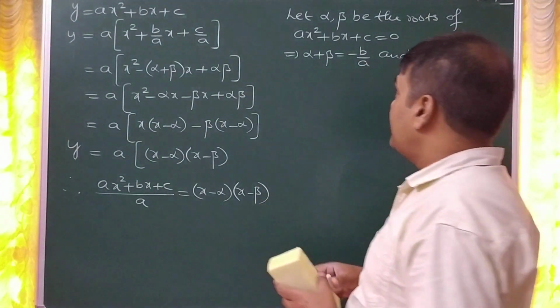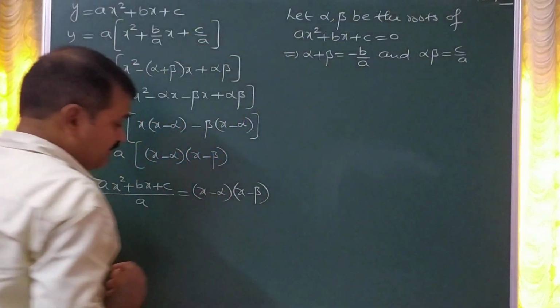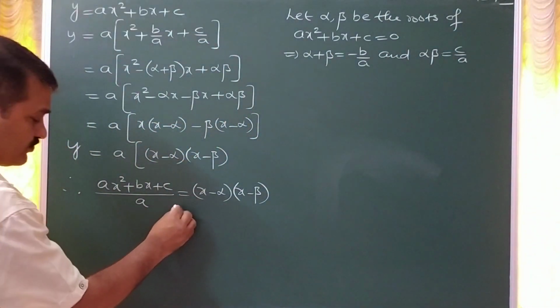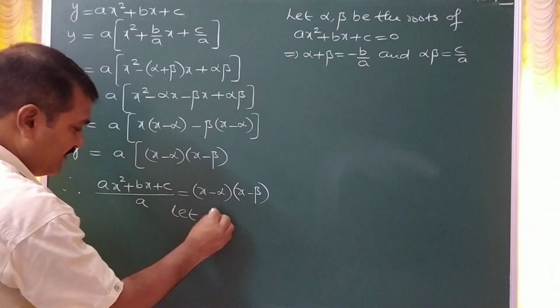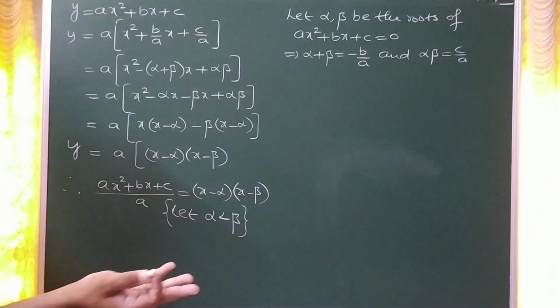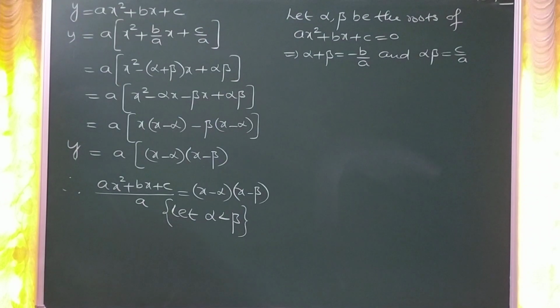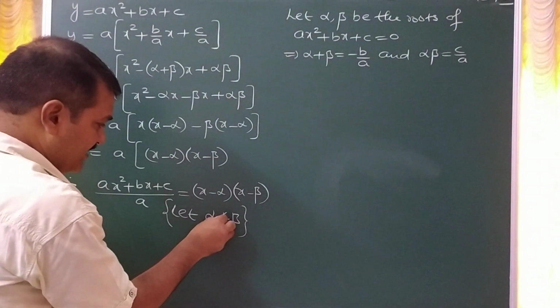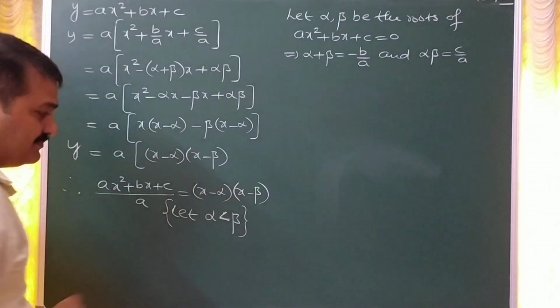So let us assume alpha is the smaller root, that is, alpha is less than beta.